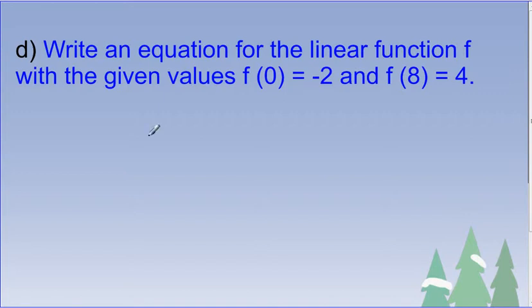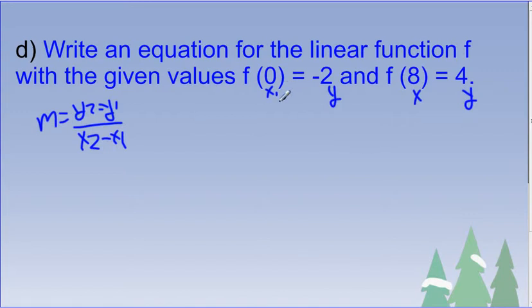Okay, you should be done by now, so let's see what we got. We got m equals y2 minus y1 over x2 minus x1, x value, y value, x value, y value. This is point 1, this is point 2.